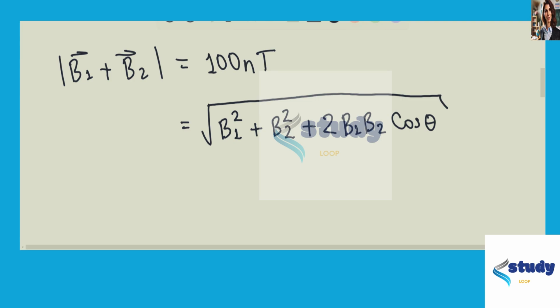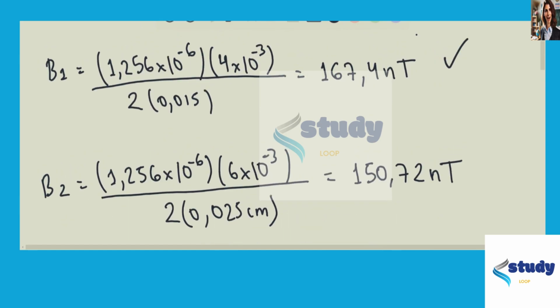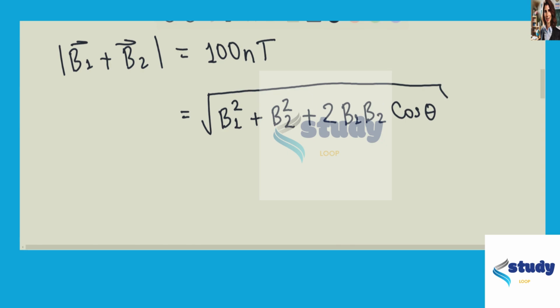In this case, we are working with the magnitudes, which we have just obtained. So we simply plug those values in, and with that done, we can solve for theta.